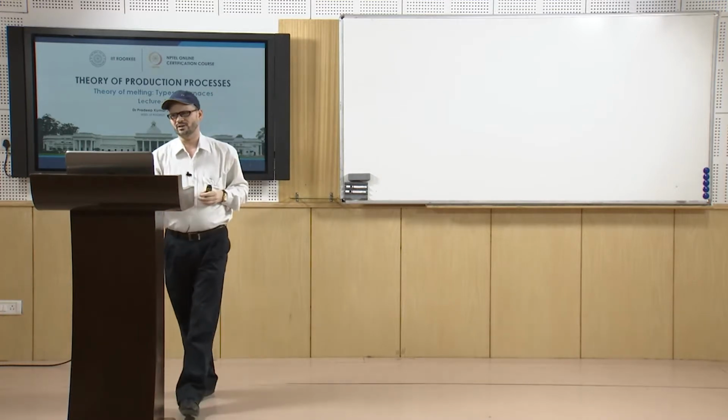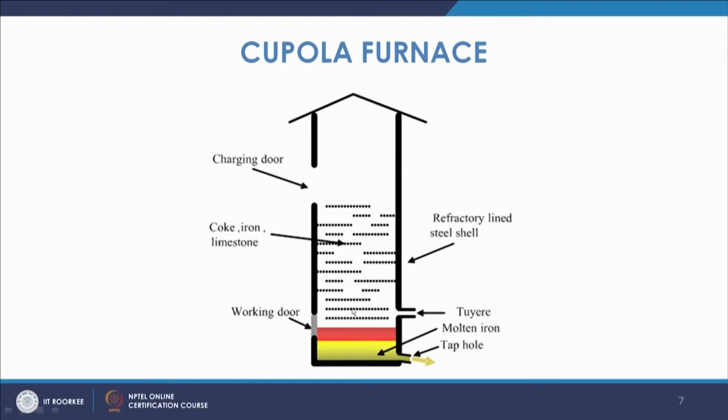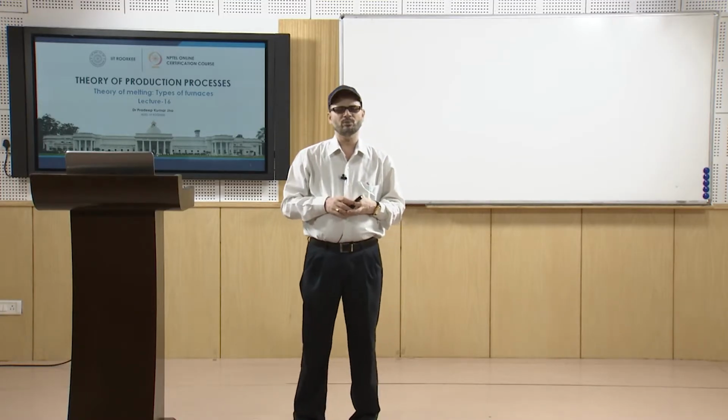That is known as tuyere. Through that the air enters, then this air goes up, and the combustion takes place. Initially you have a coke bed, and this coke bed ignites. Initially you ignite, and that is known as firing of the cupola.